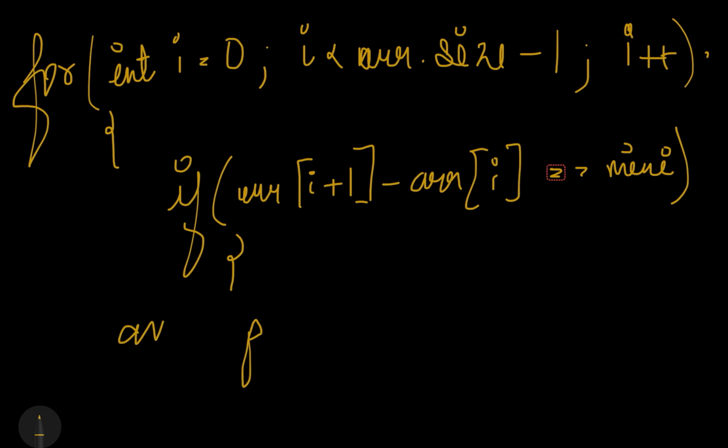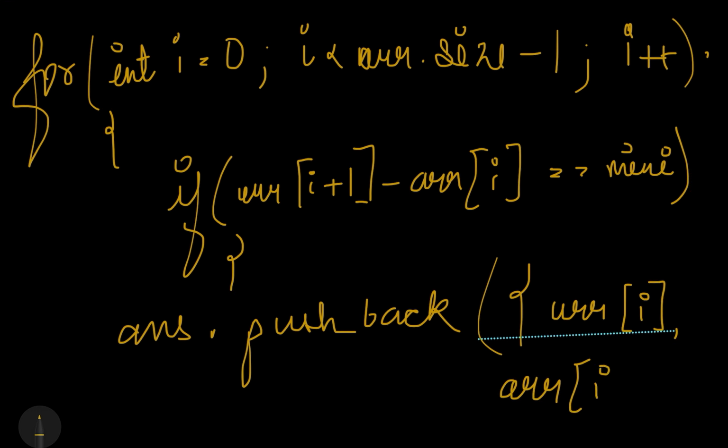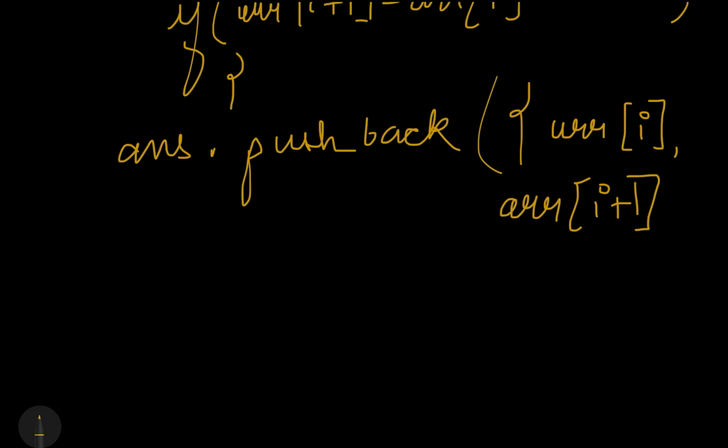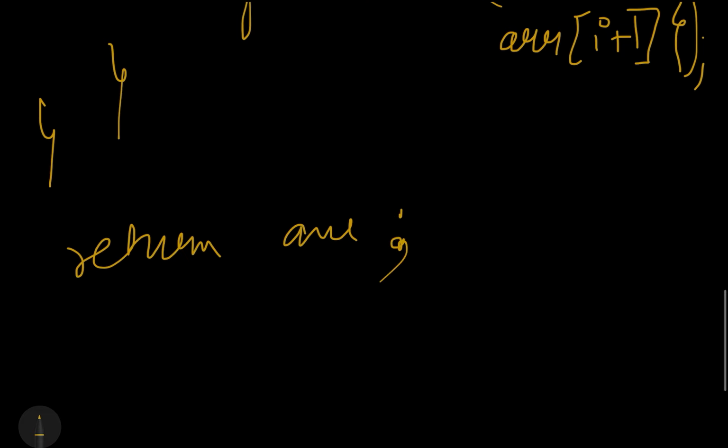Then we'll push back those elements in our array, that is ARR of I comma ARR of I plus 1. In the question itself it is said that the smaller value is to be inserted first in the answer array, and simply we'll return this answer vector.